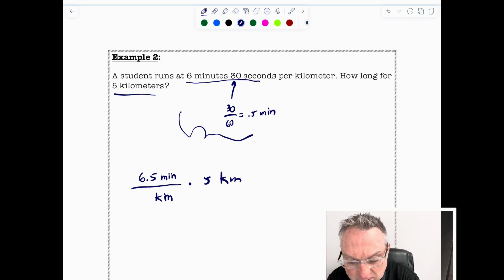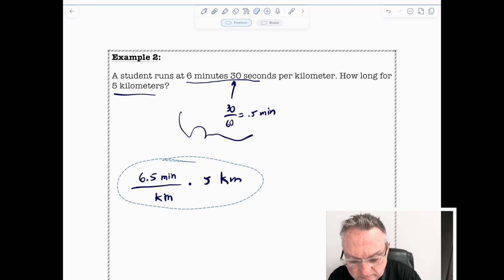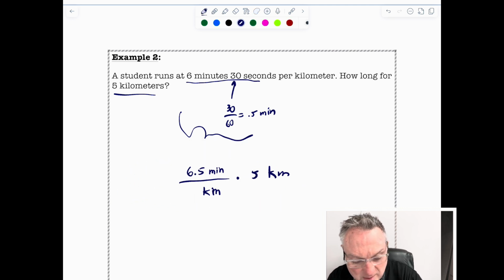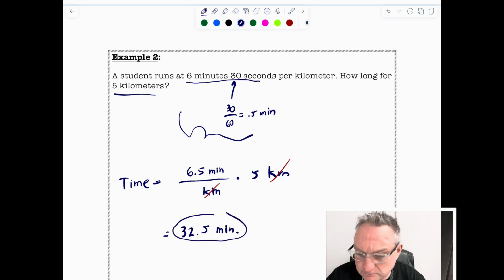That's giving us our time. So our time is equal to that. And like I did before, the kilometers cancel, and 5 times 6.5 comes out to 32.5 minutes. Okay, so that's just a couple examples on how to do that.